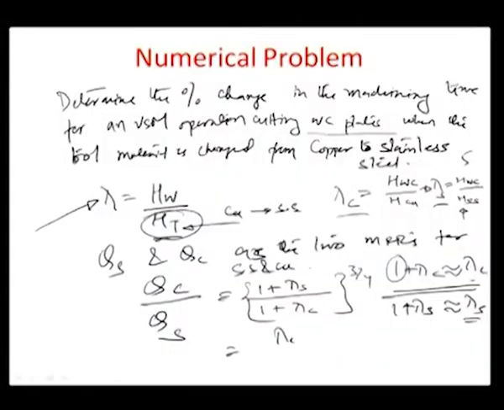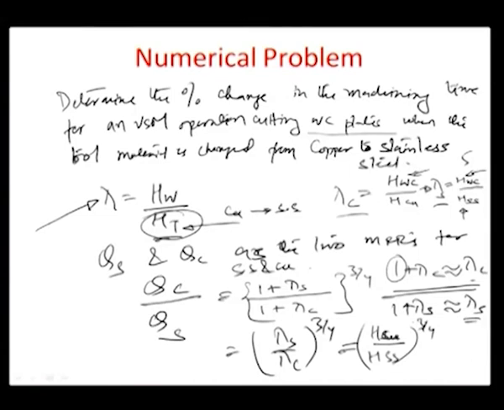So, you can safely neglect the 1 and make it equal to the ratio of both the lambdas. This can be represented as lambda S by lambda C to the power of 3 by 4, and that would eventually mean that lambda S by lambda C is H copper, the hardness of the copper, by hardness of the stainless steel, to the power of 3 by 4. The hardness of tungsten carbide is the same in both cases, as can be illustrated here.